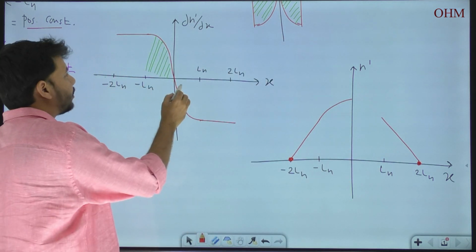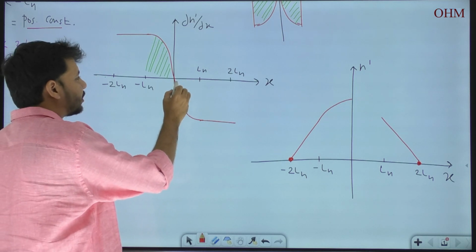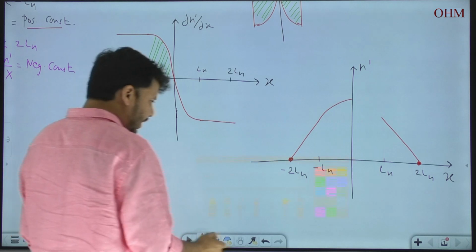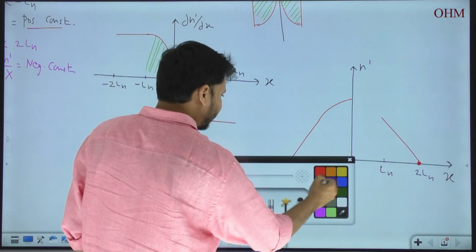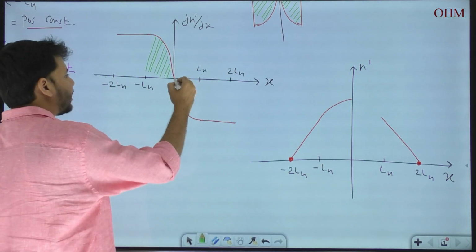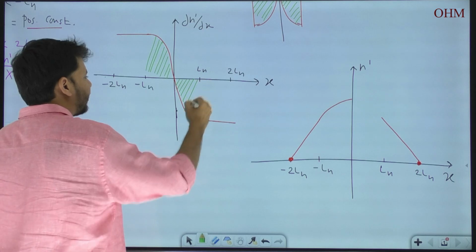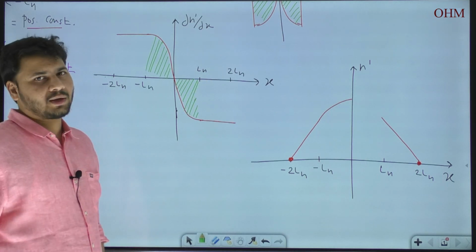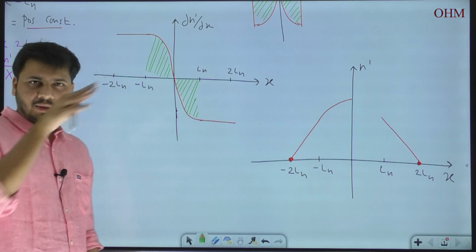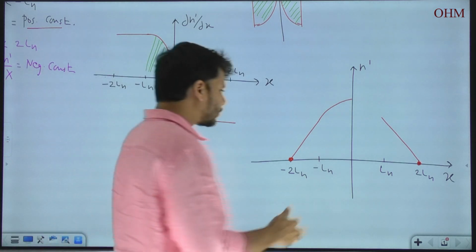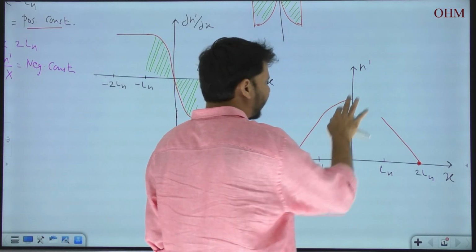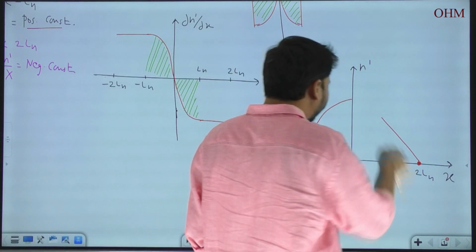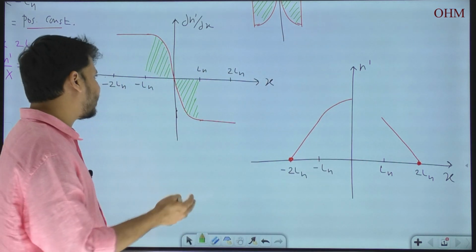And then if you look at the slope between 0 and ln, are we adding positive area or negative area? Between 0 and plus ln, clearly we are adding negative area. If you are adding extra negative area, the value of the integral will start decreasing. So at x equal to 0, n prime reaches a maximum value, and thereafter n prime starts decreasing.